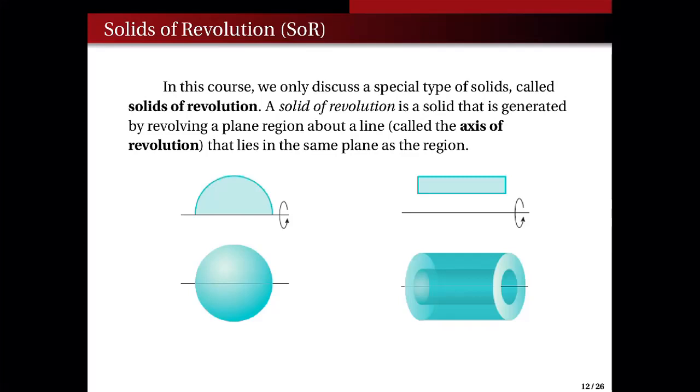Because when you revolve this, only this part here will create a solid. And all the parts on this side will not create anything. It's just a space. That's why this hole in the middle is created.